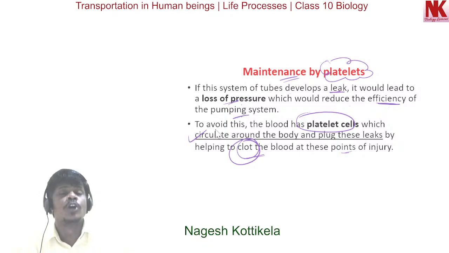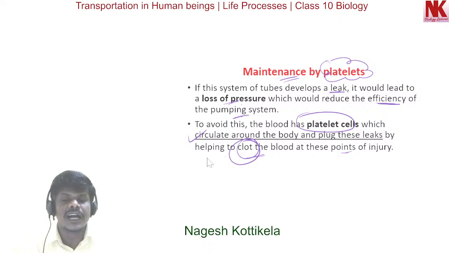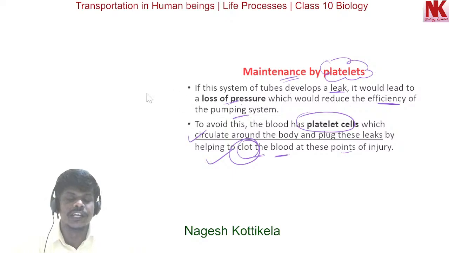To avoid this and to maintain the normal efficiency of the pumping system, the blood has platelet cells which circulate around the body and plug these leaks by helping to clot the blood at these points of injury. This is how the maintenance process occurs in the body with the help of platelets.